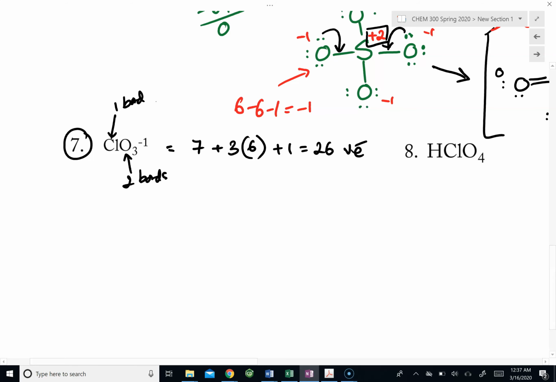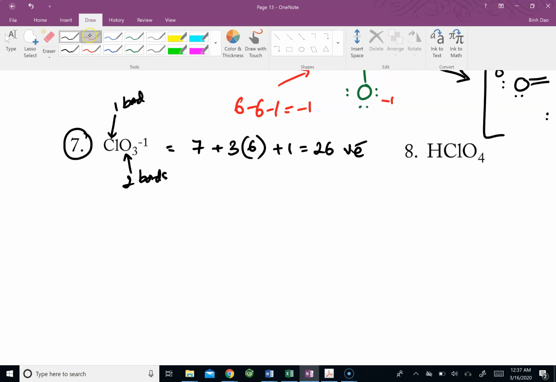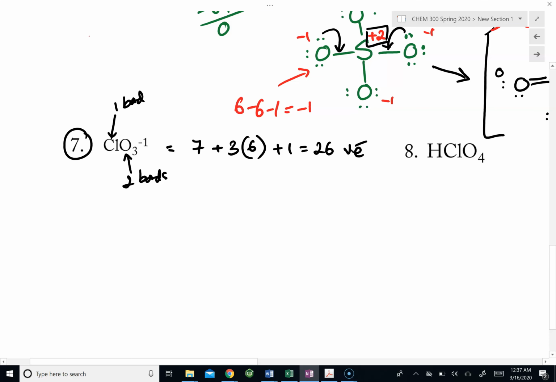So here is an example of when the central atom will exceed octet. It does not form 1 bond anymore, but can make various numbers of bonds that we don't know until we draw out a Lewis structure. If we look again at all our other guidelines, the chlorine is the element present in the least amount, so that is our central atom.